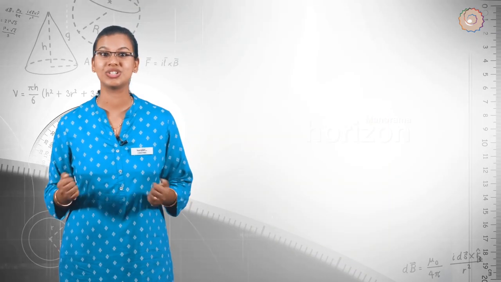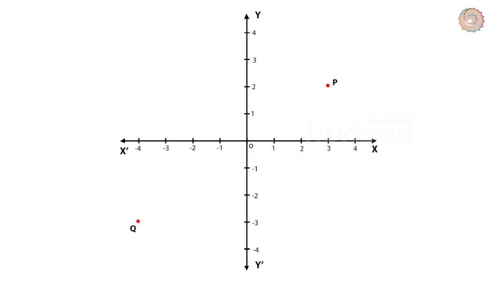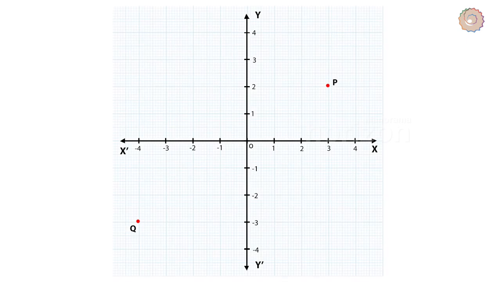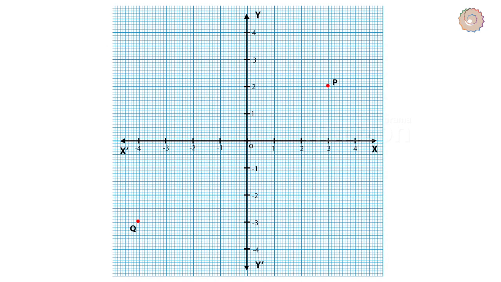Now let's see how to define 2 points P and Q in the Cartesian plane. Drawing a Cartesian plane on a graph paper will be easier. Now draw perpendiculars PM on the x-axis and PN on the y-axis respectively. Similarly, draw perpendiculars QR and QS.